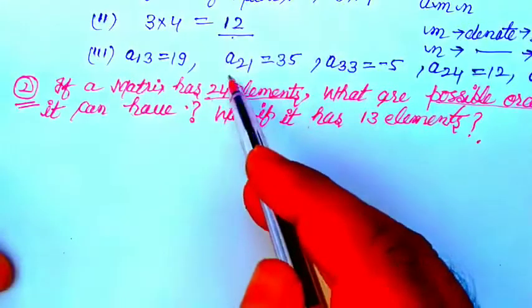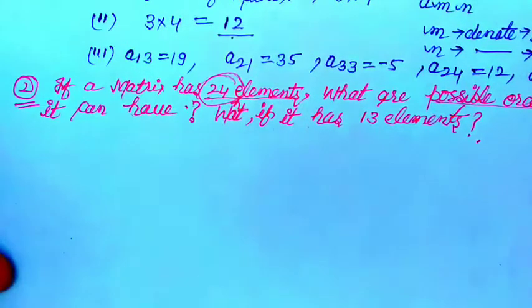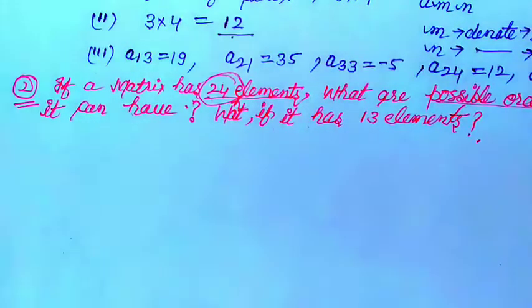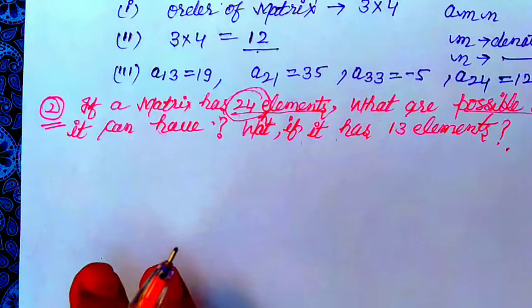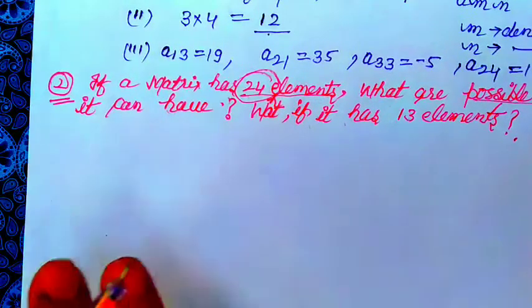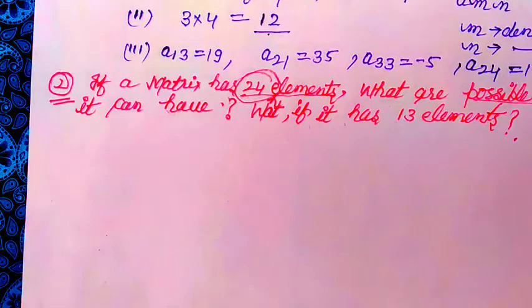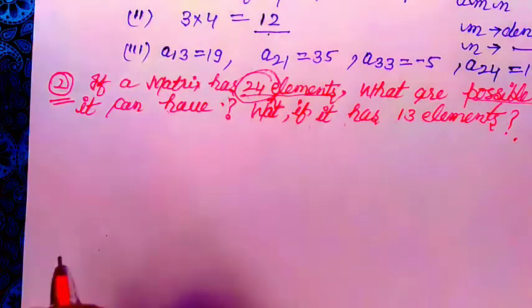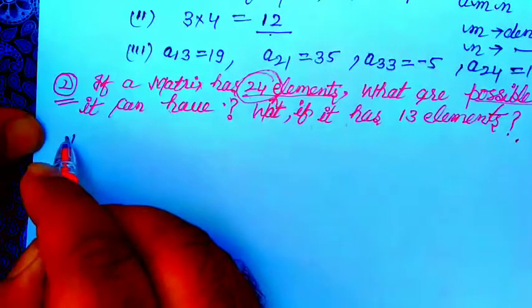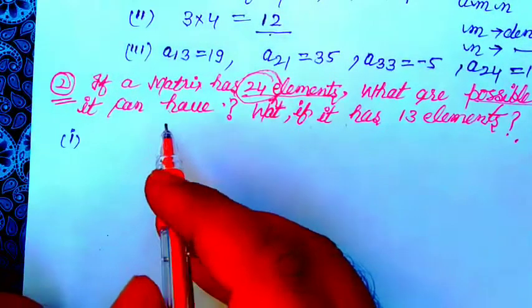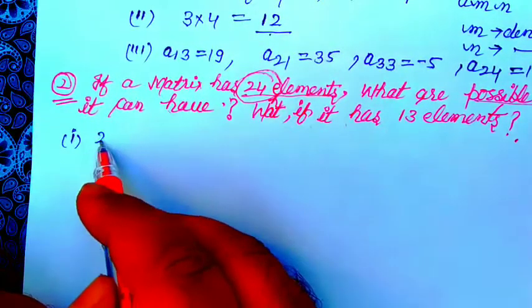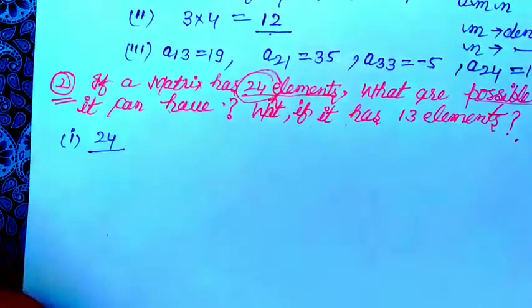The number of elements we have is 24, so we can find the order by multiplying the rows and columns, isn't it? We can separate it into rows and columns such that we have 2 parts here. Let's see the first part.